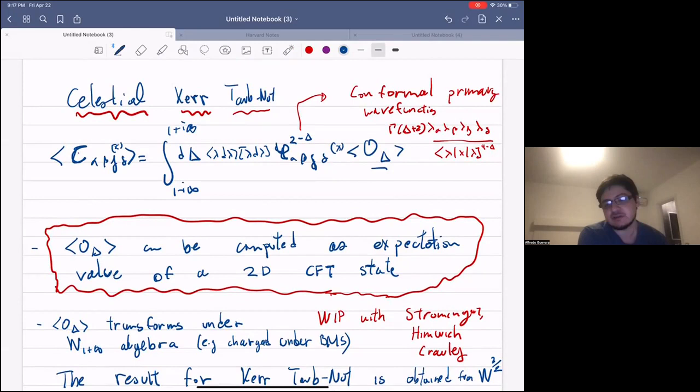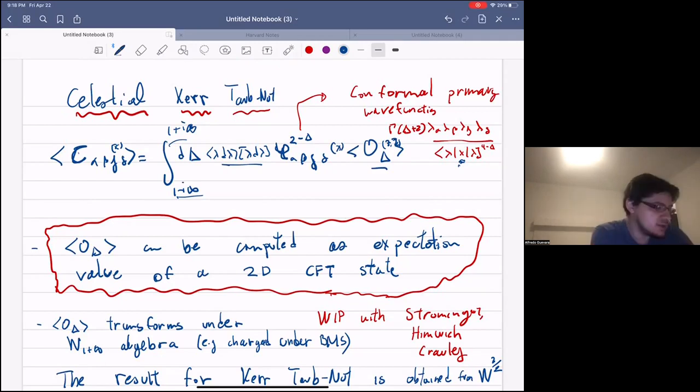And the idea is that I integrate over my conformal weight on this imaginary line, and I integrate over my celestial sphere. Okay. So I'm integrating my operators over the celestial sphere, but I'm integrating the weights of the operator on this imaginary line, which is called the principal series. Okay, so after you expand your Weyl tensor in this way, the statement is that the expectation value of this operator can be computed from a 2D CFT state.